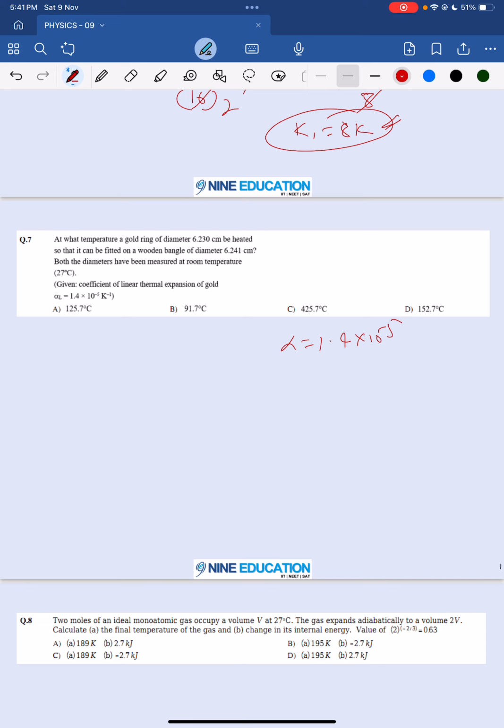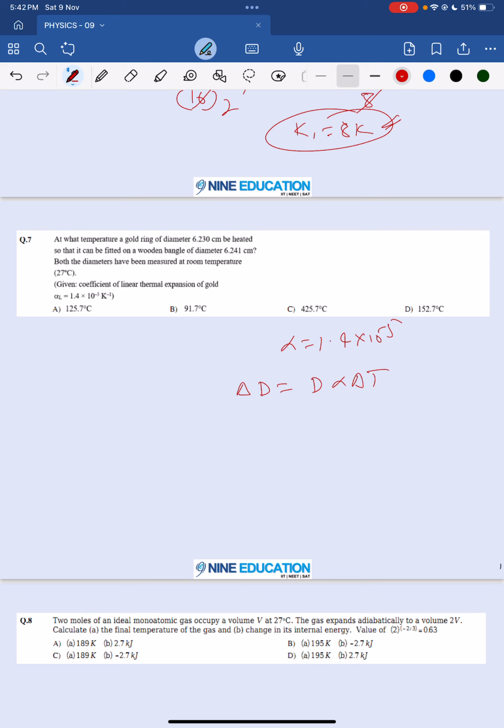So we want to calculate the change, at what temperature it will be fitted, correct? So now we know a formula. What is the formula we are having, sir? Change in diameter will be original diameter d alpha delta t, correct, sir?